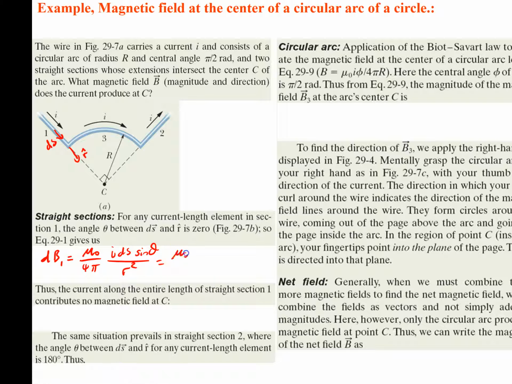So this is mu naught over 4 pi I ds sine of 0 divided by r squared. Sine of 0 is 0, so our contribution here is 0. So this current does not provide any magnetic field at point C.